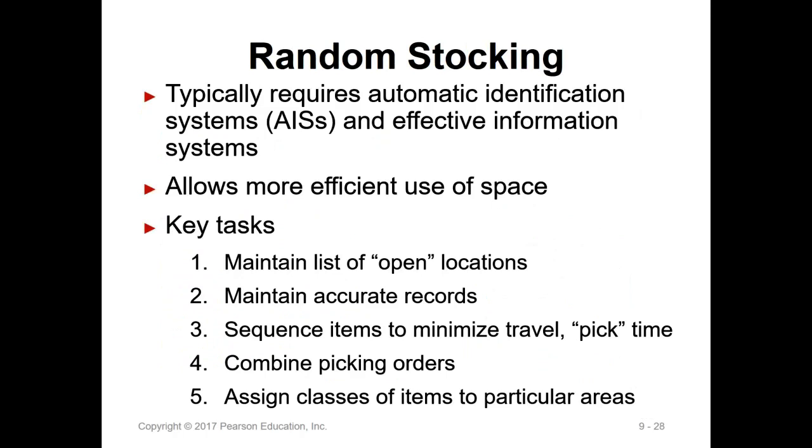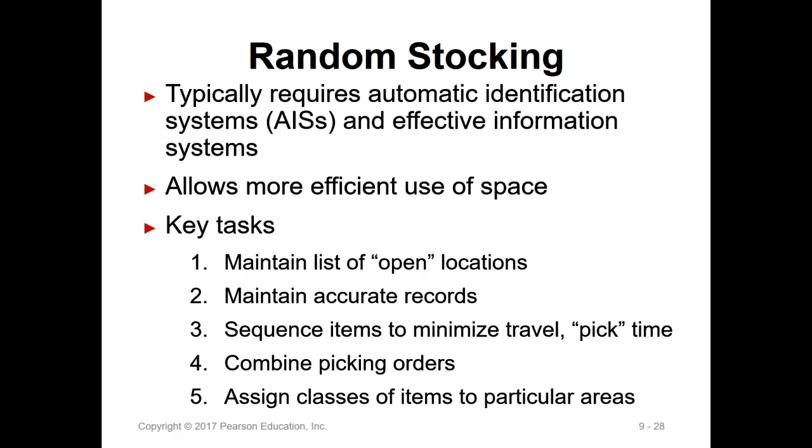What do we mean by random stocking? Random stocking means, okay, you can put it anywhere you want in the storage house. And as a manager or operator, no matter where you put it, they can find the location of the desired parts right away. And this brings a challenge: how can you do that?